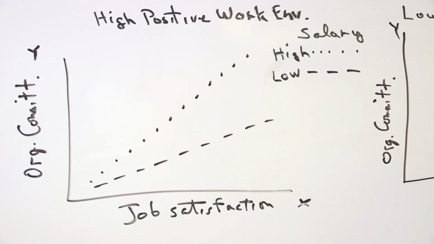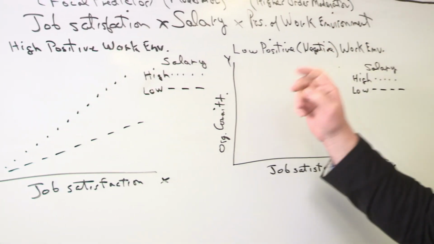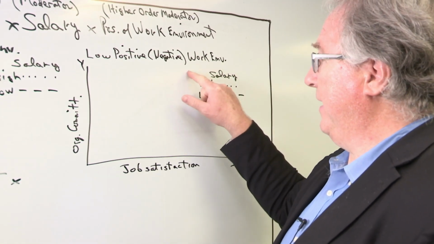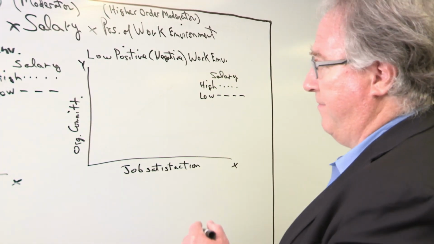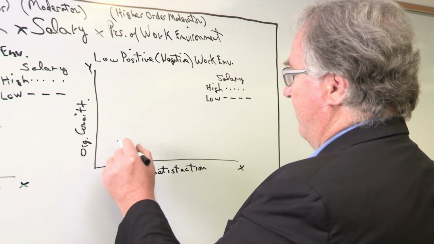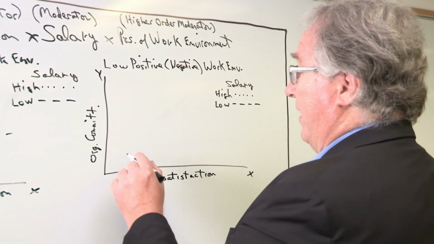And then over here, we go to the level of our higher order moderator, that's low positive or negative work environment. Here we find that we have, actually we could just have it the way we had it before, right? So this would be different.